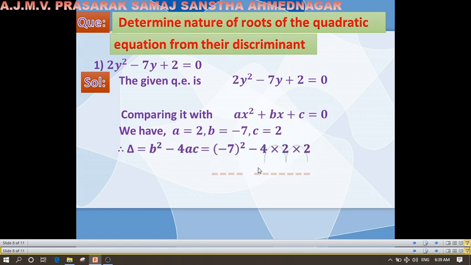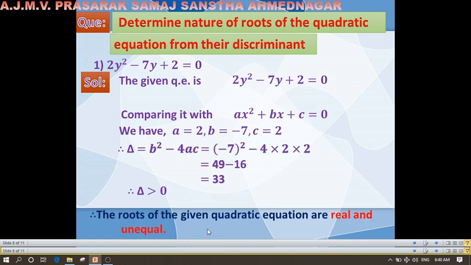So 49 minus 16 means 33. Therefore, the value of the discriminant delta is equal to 33, which is greater than 0. Therefore, with the help of the above tree diagram, the roots of the given quadratic equation are real and unequal.